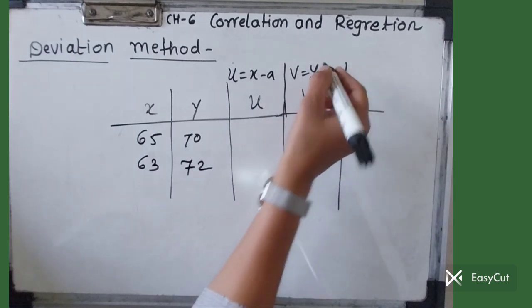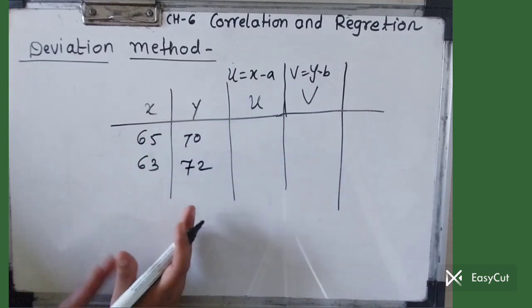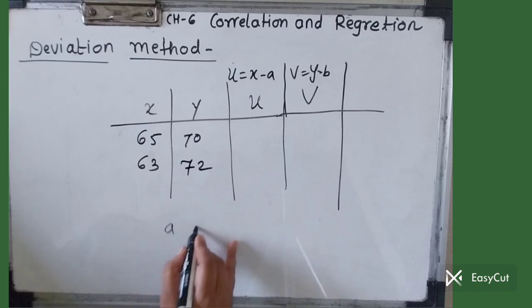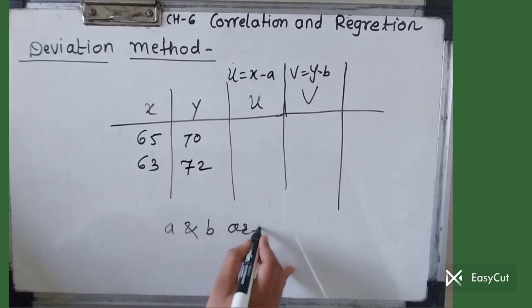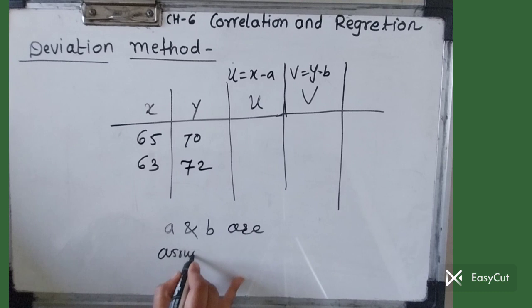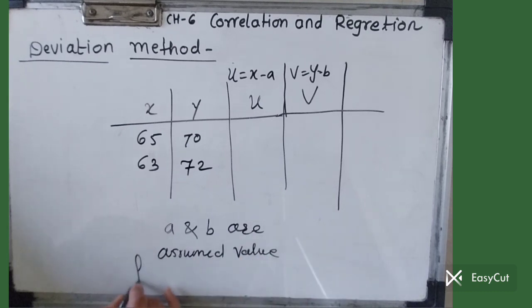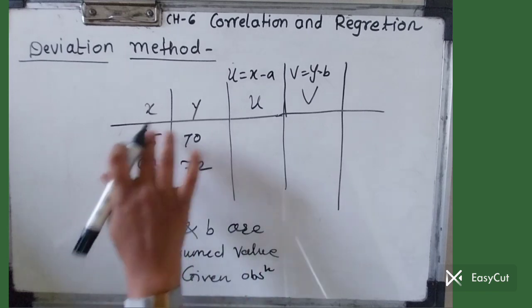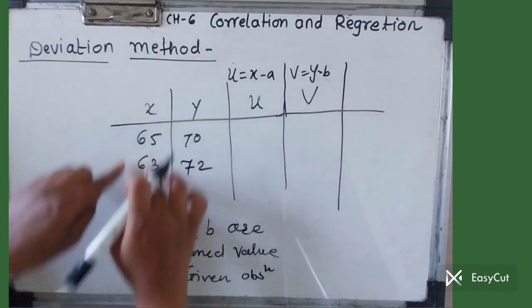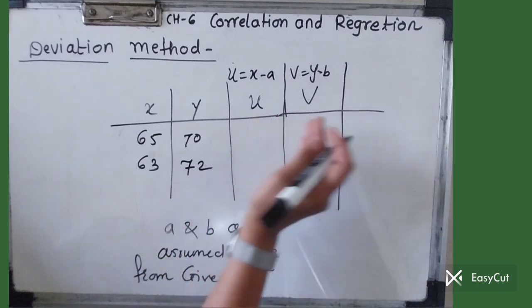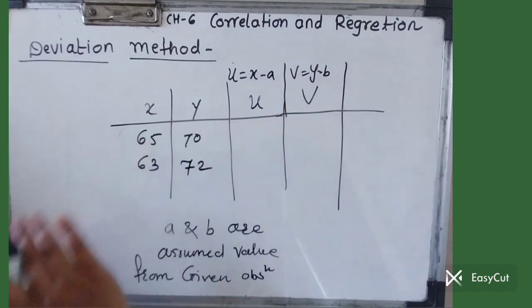A and b are assumed values from the given observation, both observations x and y. A from x and b from y. Then we get u and v.